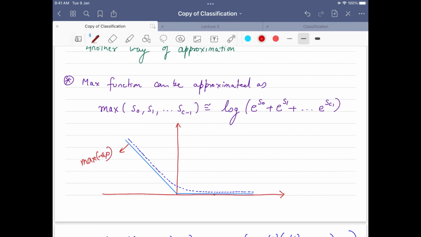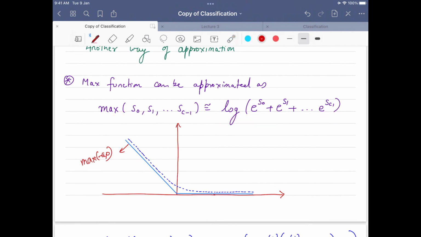So earlier we removed this max with some other concept which we discussed just now, and the main objective was to remove this differentiability problem which is here, because it is not differentiable at this point. We removed it by using the earlier approximation which we had done just a few slides back. A similar modification can be done by using the softer approximation of max, which is this one.